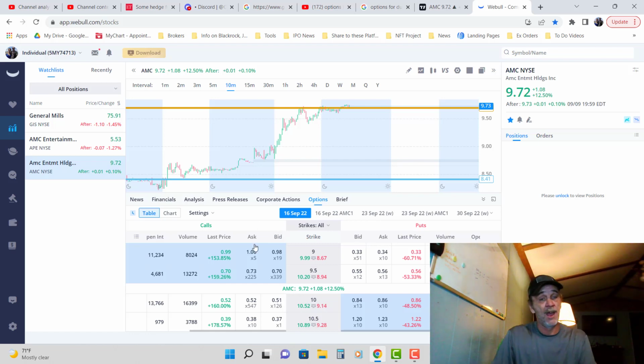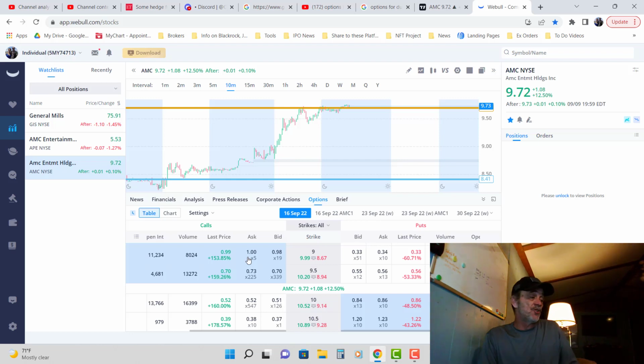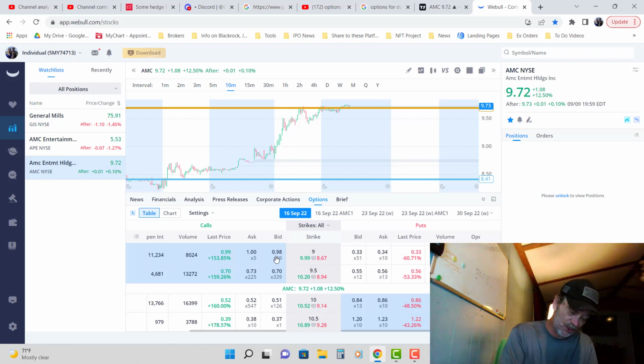Now, this $9 strike price for AMC's call option is $1. So it's going to cost you $100 to buy that option. The second it hits your portfolio, it's only going to be worth $98, which means you're down $2 from jump street the second you buy that option. If you come on down and you want the $9.50 strike, then you're going to pay 73 cents or $73 for that option.